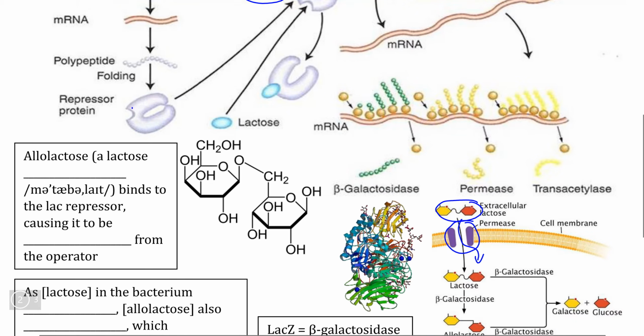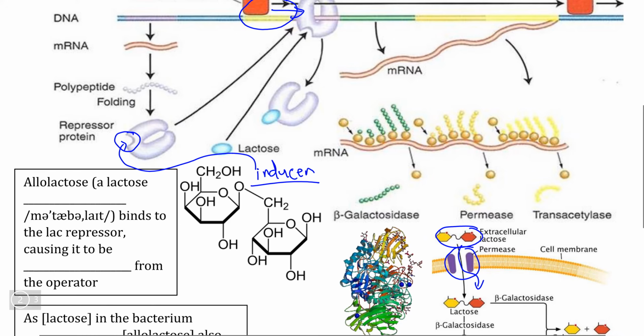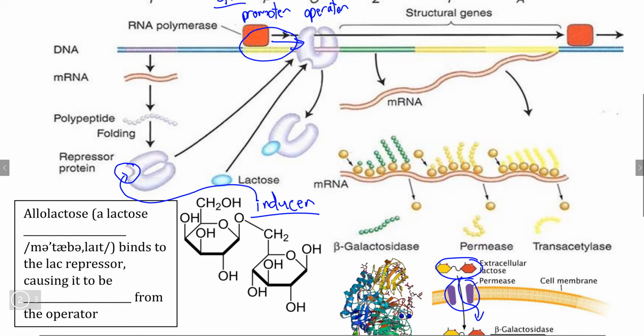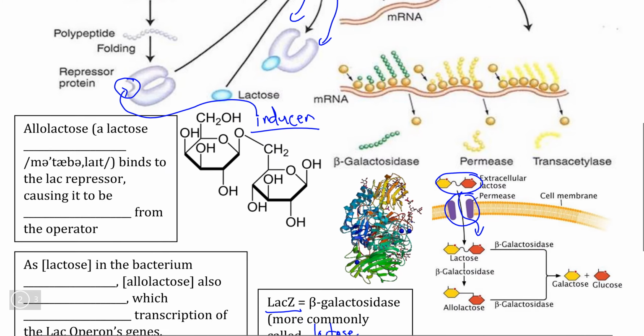This means that we're going to need a substrate, which, as we talked about in the previous video, is what we call an inducer, to bind to the allosteric site on the repressor protein, cause a conformational change that will result in the repressor protein falling off of the operator, allowing the RNA polymerase to bind to the promoter and begin the process of transcription.